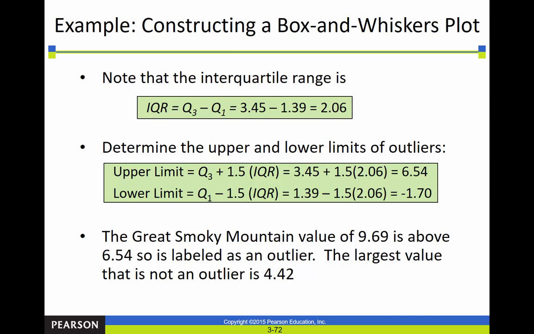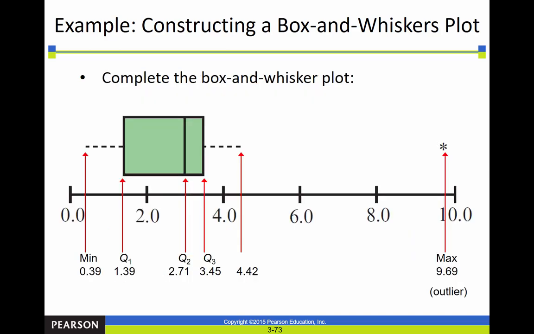We see that Great Smoky Mountain is above and is an outlier. Now we can see there's our minimum, 0.39. That's the lowest data point in the set. First quartile at 1.39. There's the box. Second at 2.71. Third at 3.45. Fourth at 4.42. That's the highest that is not an outlier. And then we mark the outlier out there with an asterisk. That's a box-and-whisker plot.